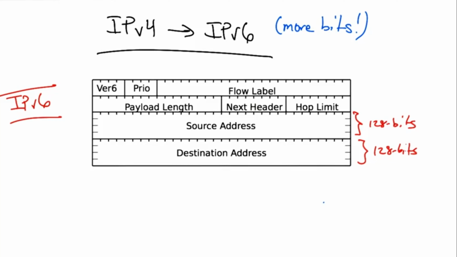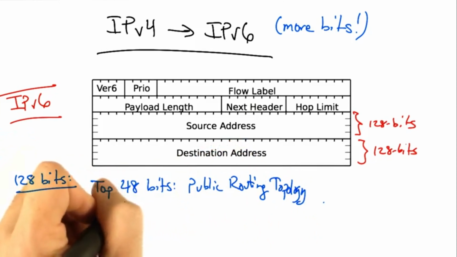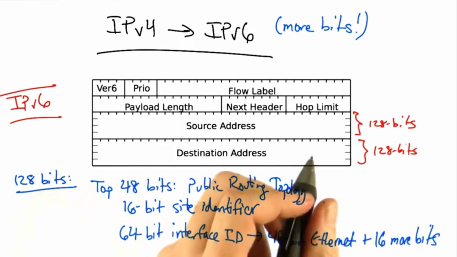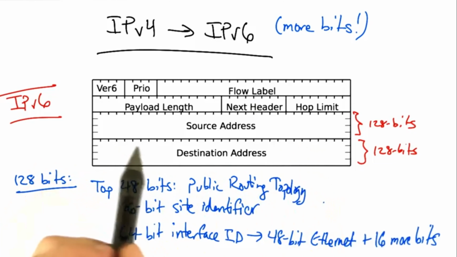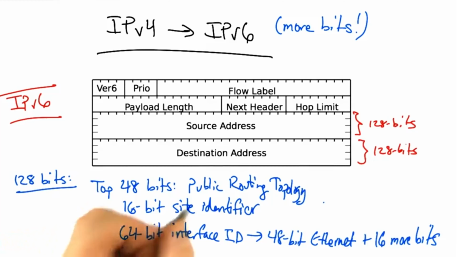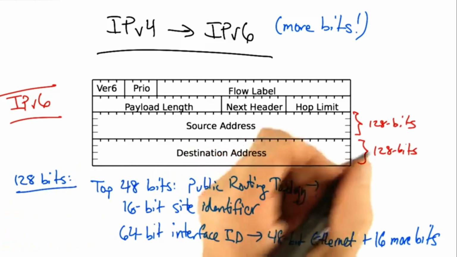Now the format of these addresses are as follows. Of the 128 bits, the top 48 bits are for the public routing topology, and we have a 16-bit site identifier, and finally a 64-bit interface ID, which effectively has the 48-bit Ethernet address of the interface, plus 16 more bits. Now the top 48 bits can be broken down further.